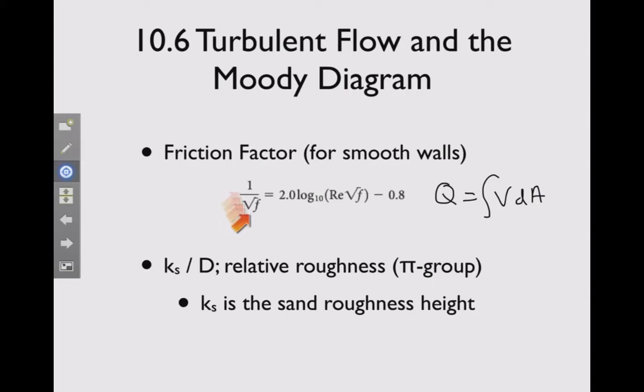So we have an equation here for f that we can solve in terms of the Reynolds number. What's interesting is this is for a smooth wall. This was determined by Prandtl for pipes with smooth walls.